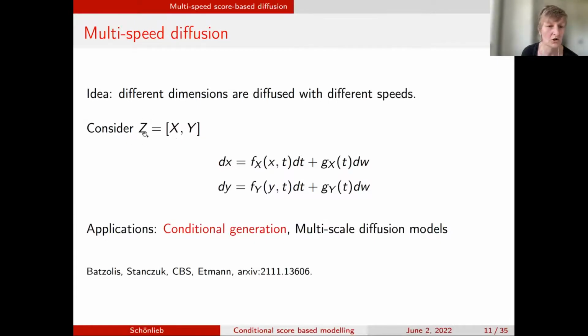I've now called this Z, and it consists of 2 parts, X and Y. And I define 2 diffusion processes for these random variables X and Y that might be different from each other by choosing different coefficients for the drift and for the diffusion part.